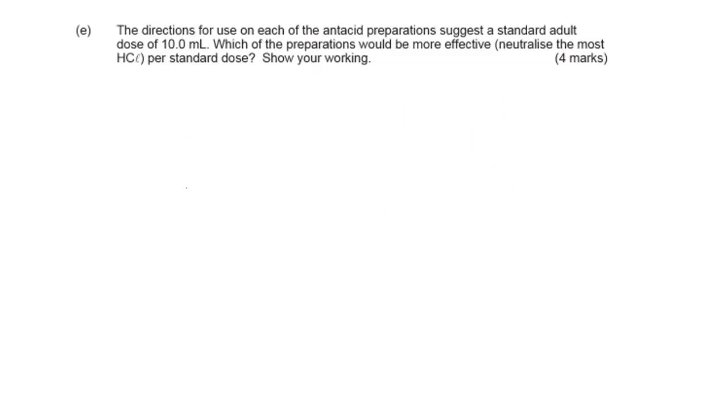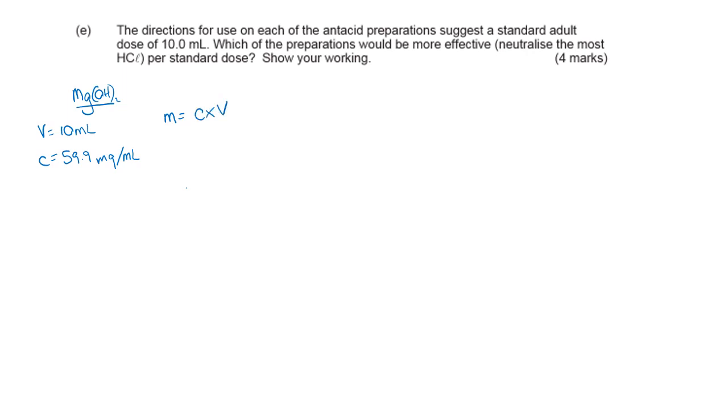So which is best? What's the best antacid? Well, we need to look at comparing the two. So, magnesium hydroxide. What do we know about it? Well, they're saying that your dose will be 10 mils and that the concentration is 59.9 milligrams per mil. So the mass that you would use is, in this case, you can do masses.